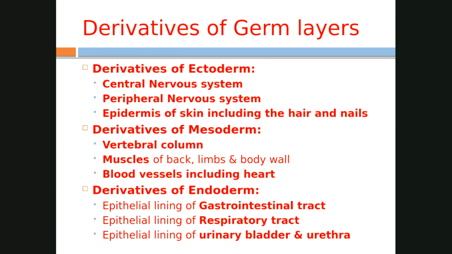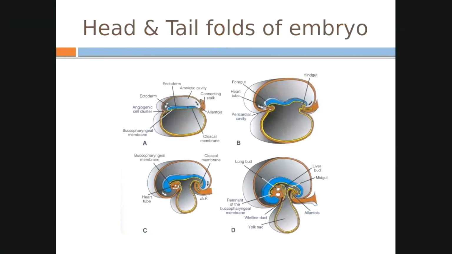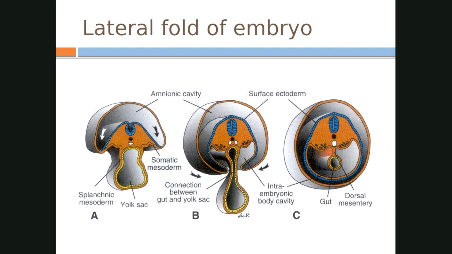Up till now, we were discussing that the embryo is like a disc, like a plate. But later on, as you can see in this particular slide, it starts folding, and there is a head fold and the tail fold. So head and tail fold come together, and there is a lateral fold coming from the side. Ultimately, the head fold, tail fold, and the lateral folds fuse at the level of the umbilicus.